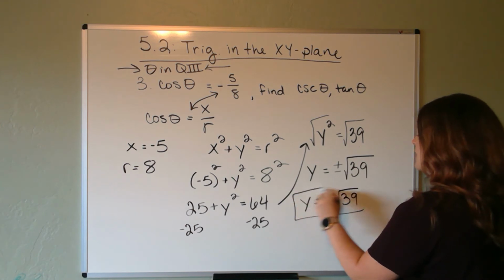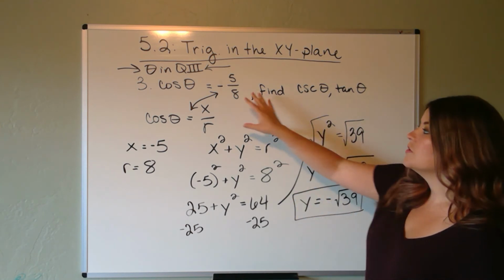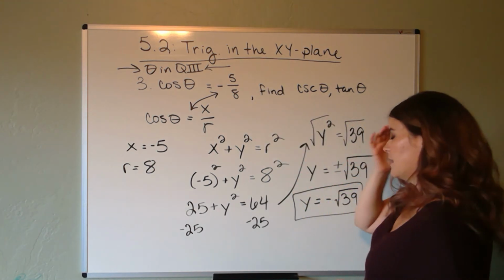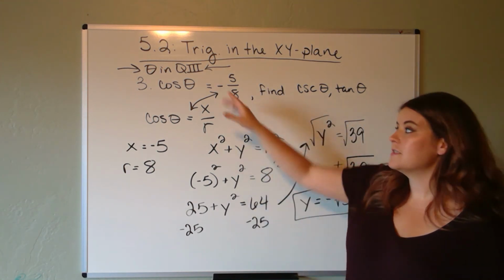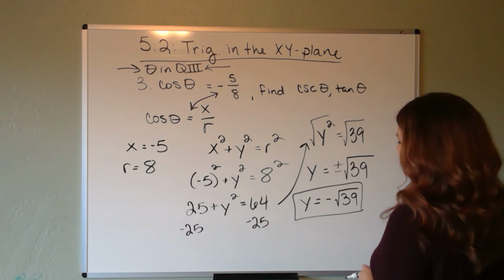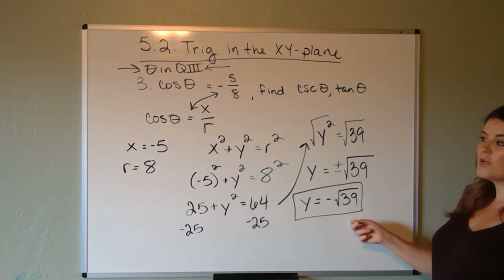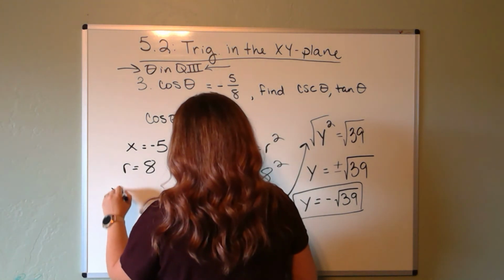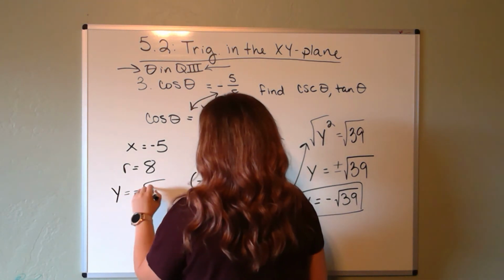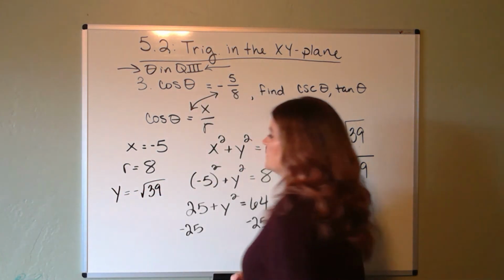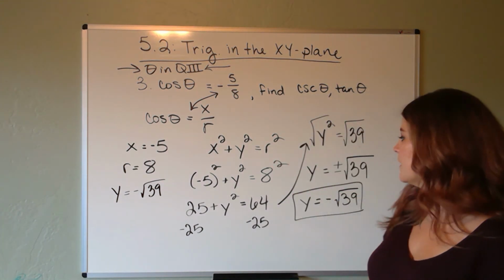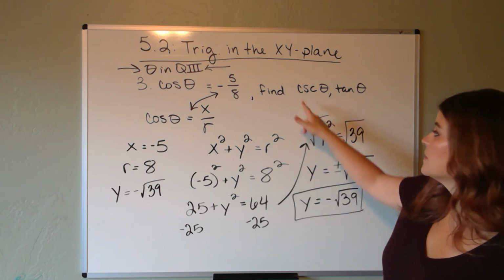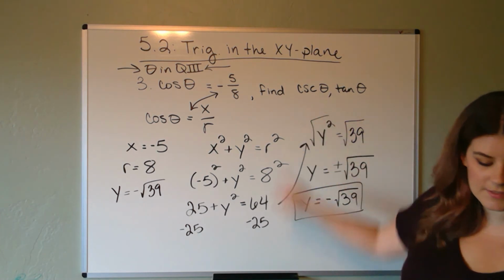So you have to pick positive or negative, but you will be given enough information to decide that. Sorry for the confusion. It does give the quadrant on this problem. So now that I know y, let's put it over here with our list with x and r: y is negative square root 39. I'm going to erase a little bit here so I have space, but then we can find our two answers.